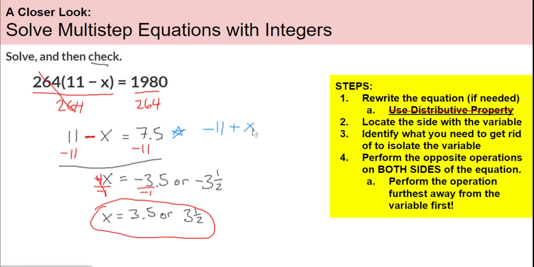Now x is positive, equals negative 7.5. But notice if I solved, I would add 11 to both sides. If I add 11, that means x would equal positive 3.5, which we got. So there is a way where you can kind of clear the x if you want by rewriting it, but it takes a little bit of skill. But I know you guys have it.